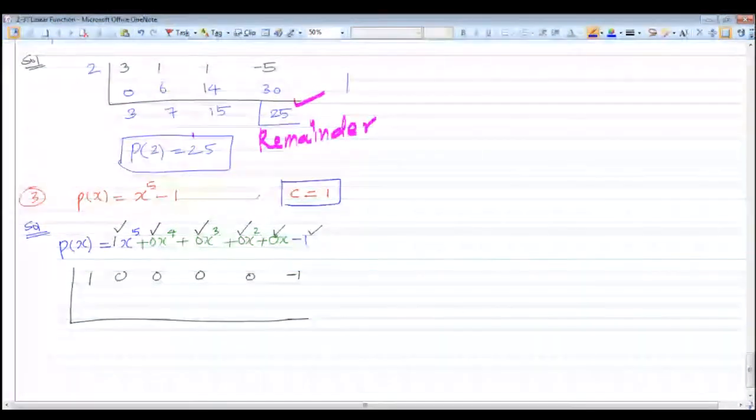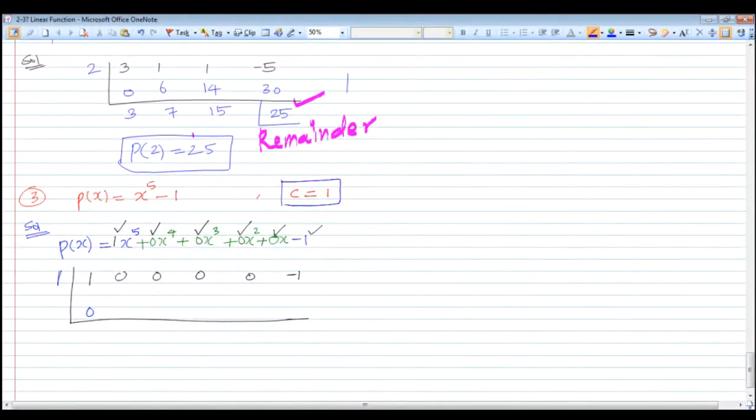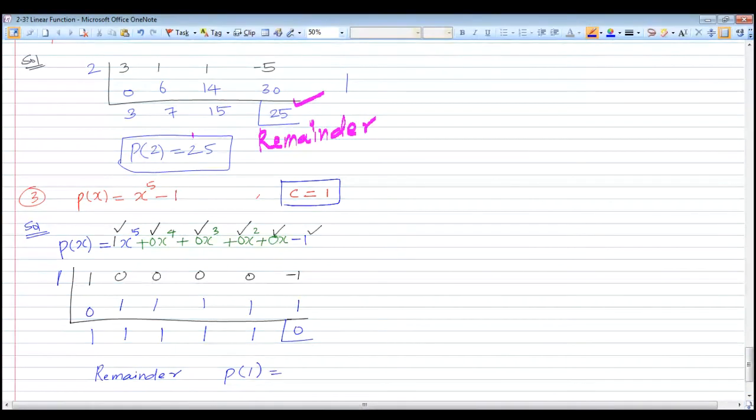Therefore I will take the same number 1, no change. Bring down 1, multiply, you get 1, add, 1, and so on until the last value is 0. So the remainder is equal to 0. The remainder is P of 1 equal to 0. So this is the answer.